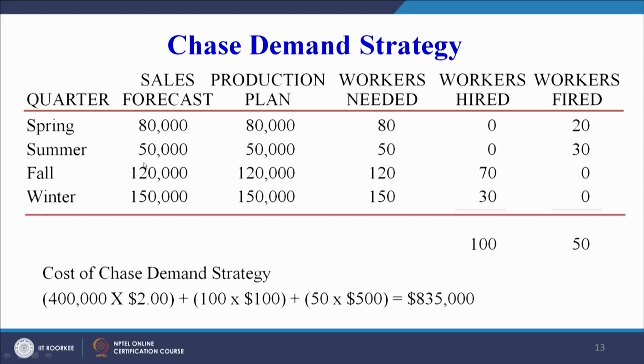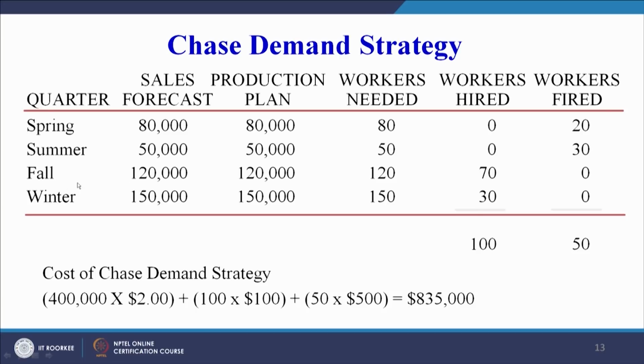In the summers the demand is only 50,000 pounds and we will plan for 50,000 pounds only. Each worker can produce 1,000 pounds per quarter, so we require 50 workers. We will fire 30 workers here, because in first quarter we had 80, so we will fire 30 more to maintain a workforce of 50 workers.